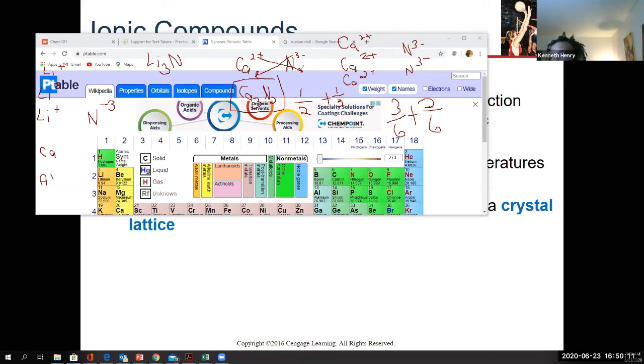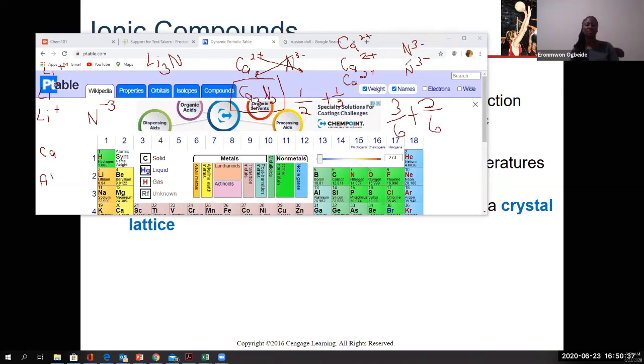And I put the 2 over here because I need 2 of those. So it just works out, sort of what you're doing with the other one. Altogether it's 6, because it's just by multiplying by that number. Same thing: 3 calciums, 2 nitrogens.